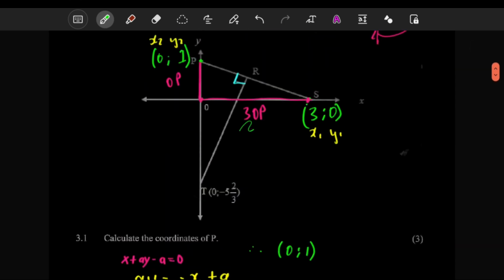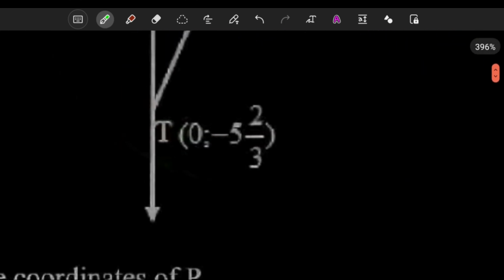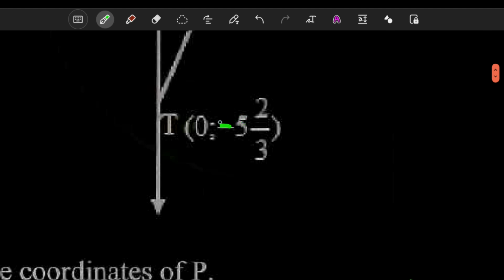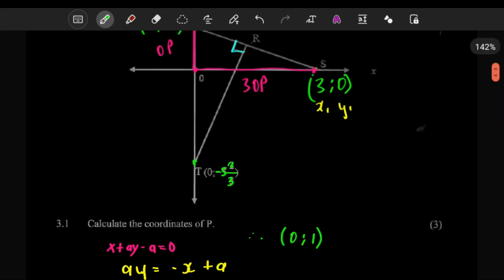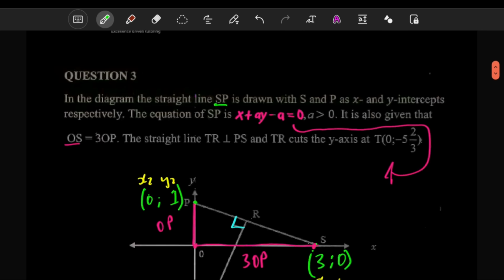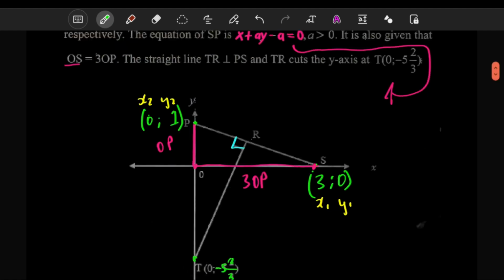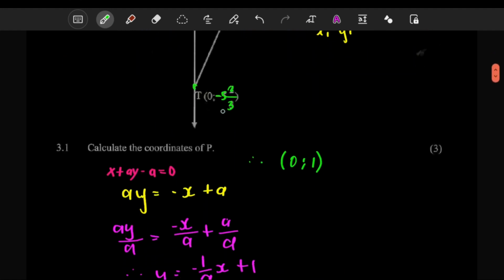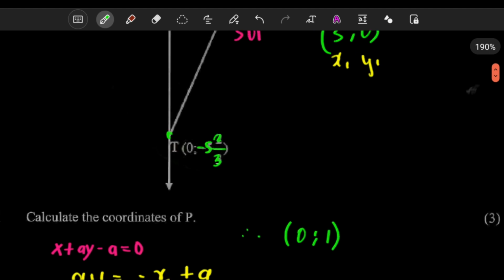Now you can use this coordinate to give you the y-intercept, because the graph is touching the y-intercept over there. We can double check the description, because the description would mention some of these things. It says TR cuts the y-axis at this point, so this is your y-intercept.